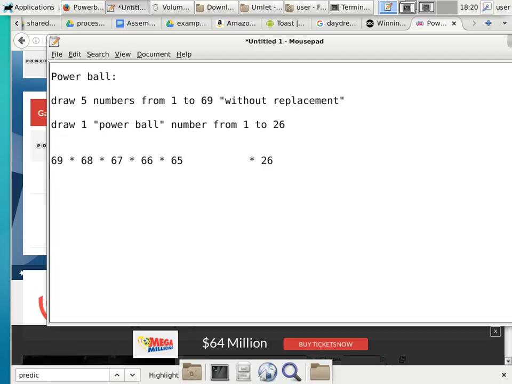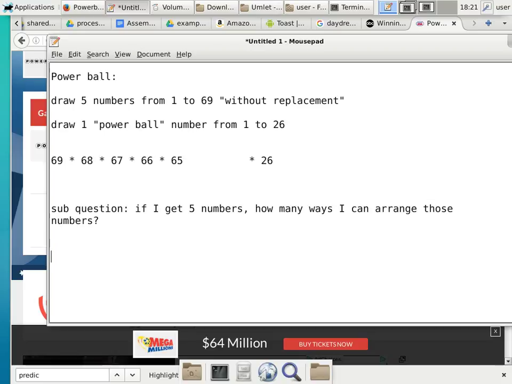Right? So now the question is, if I just pick 5 different numbers, how many ways do I have to arrange those 5 numbers? Okay, so this is a sub-question. If I get 5 numbers, how many ways can I arrange those numbers? Now these 5 numbers are all distinct.